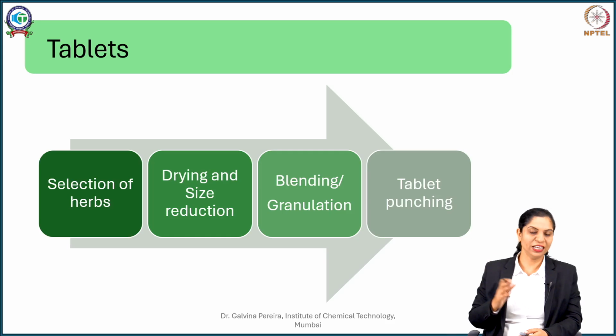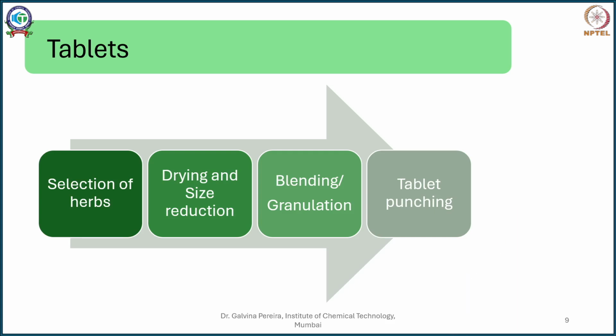Again, mostly you use something like croscarmellose sodium, which can help you in direct compression, along with binding and disintegrating agents that are added. Once these are added to your powders or extracts, you do the punching, that is pressing. There is generally a die like a well, and in this the powder is pushed in. There is a press below, and a press on top.